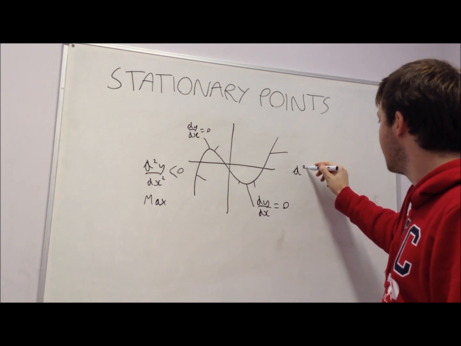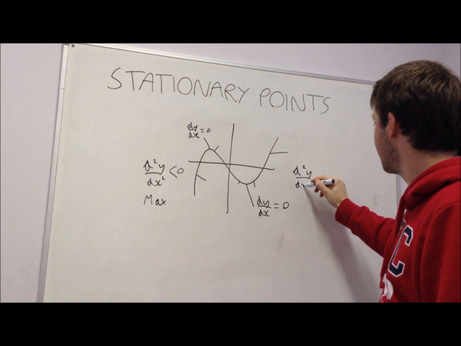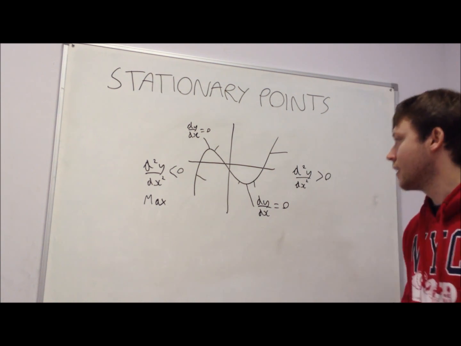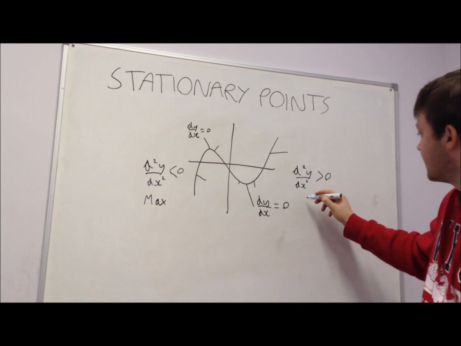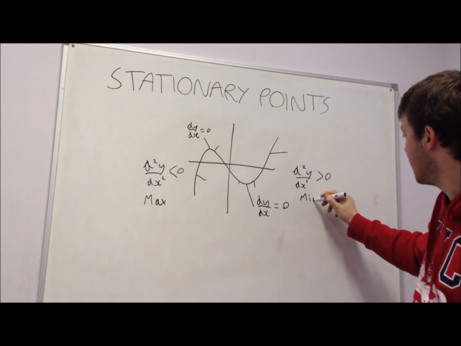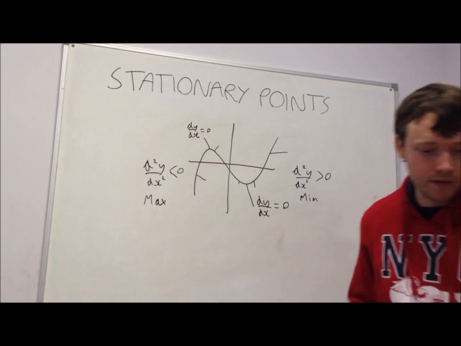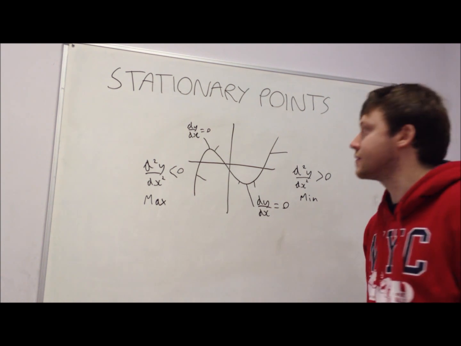So that would be d2y by dx squared is greater than 0. And whenever this is the case, it is a minimum point. So they're the basics of what we have to know before we tackle this problem.